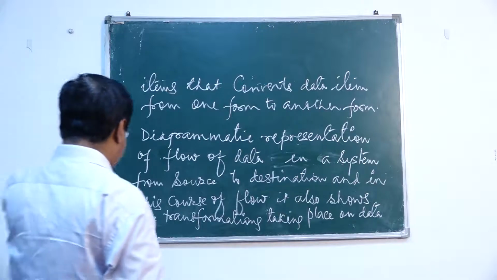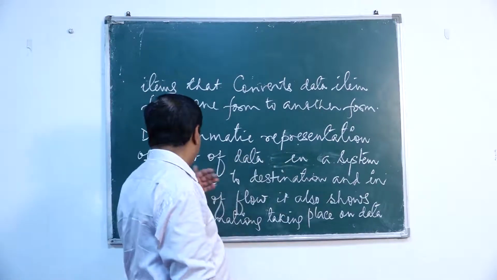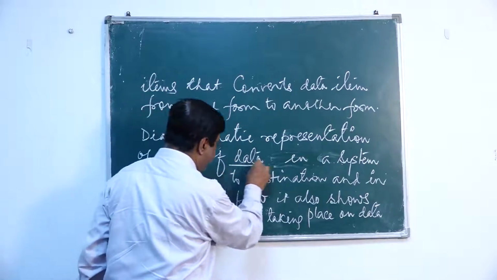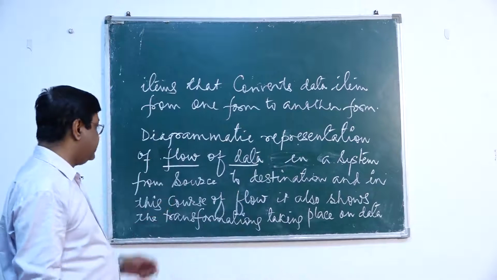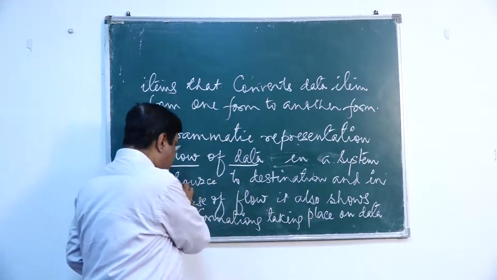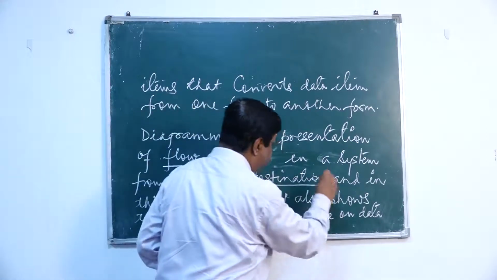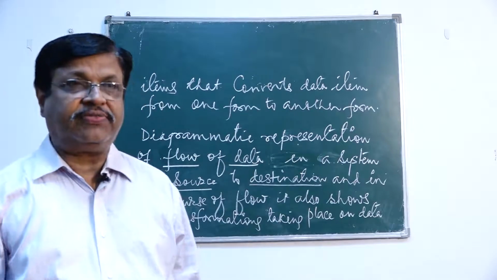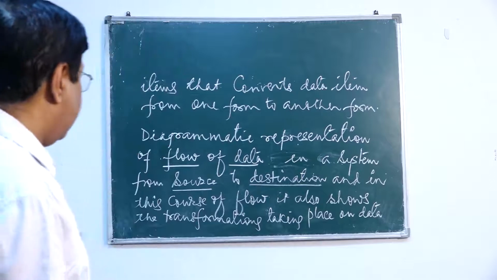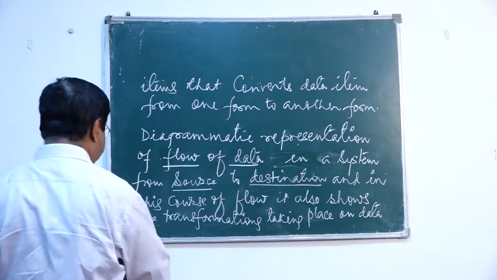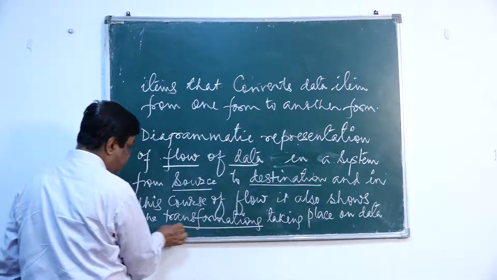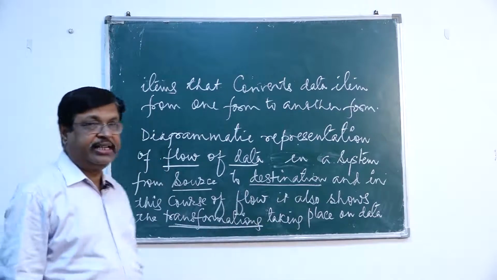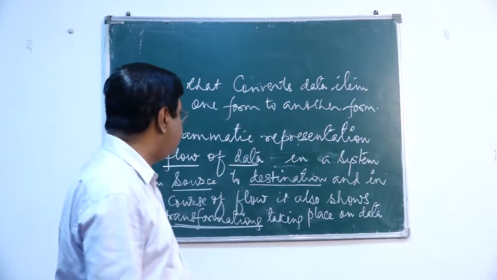So, DFD is a diagrammatic representation of flow of data in a system from source to destination, and in this course of flow it also shows the transformations that convert data items from one form to another form.